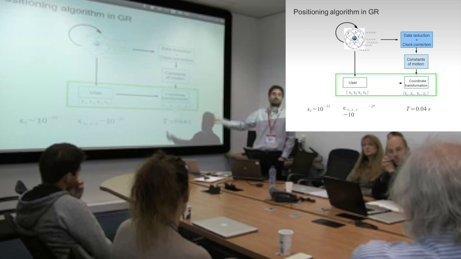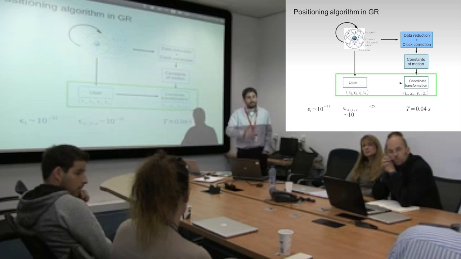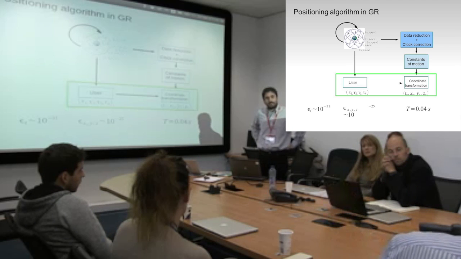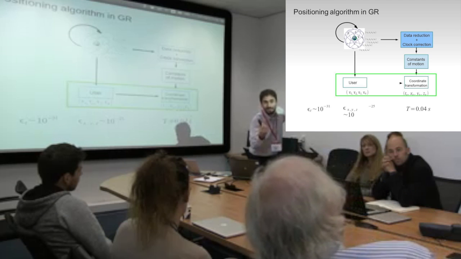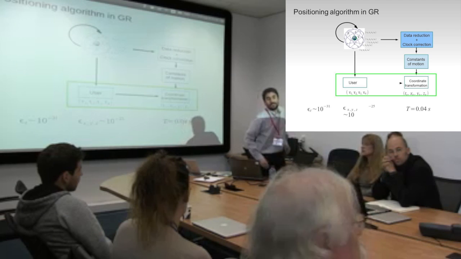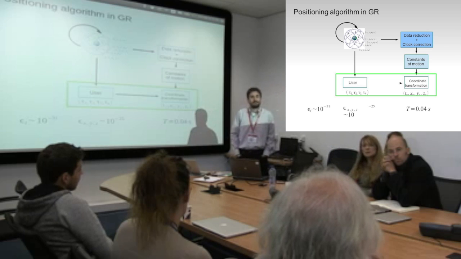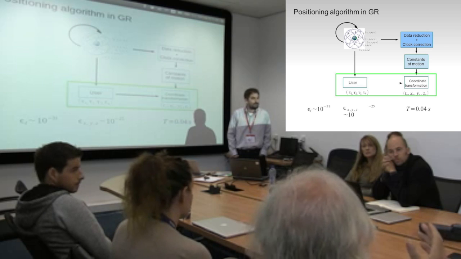So maybe you have to do it once per hour. Part of the navigation message. Yes, exactly. It would be processed on the ground, brought back to the satellite, and then the user gets the whole story, everything he needs. But the signal in space will have to be slightly modified with respect to what we have now. Correct? Yes. So it would be a new signal in space.